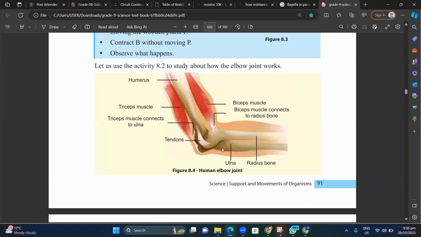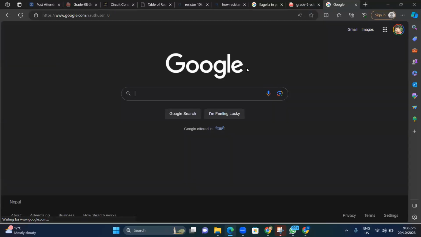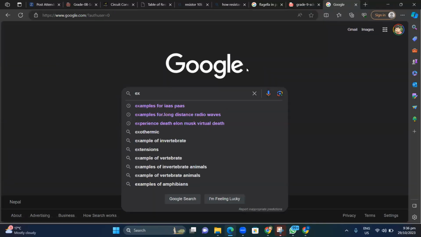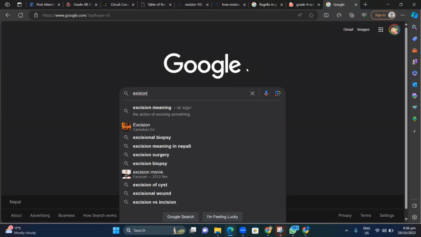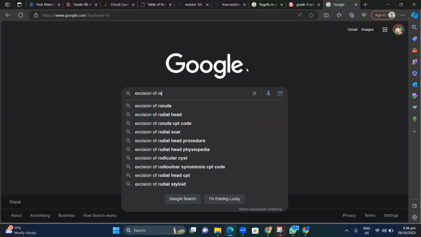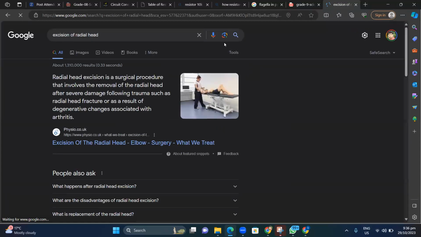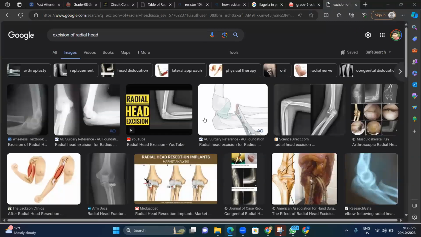This excision of radial head is the operation name, but it is kind of problematic because even today, now it's 12 years after the operation, I still cannot properly lift something.